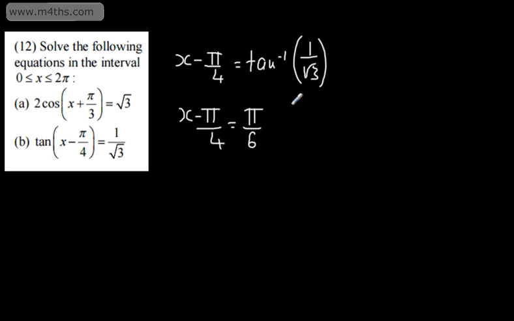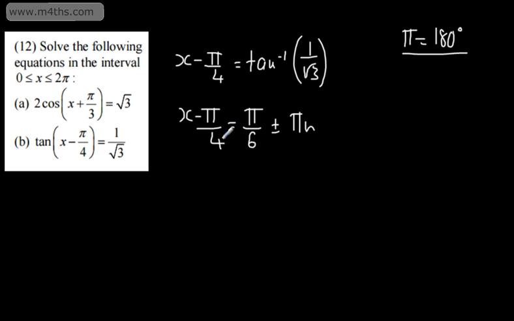So that's 30 degrees plus or minus multiples of pi. This is the tan curve. Remember, pi is equal to 180 degrees. So I'm not adding 2 pi. I'm not doing any other symmetry. What we've got is now x minus pi by 4 is equal to pi by 6 plus now these multiples of pi.